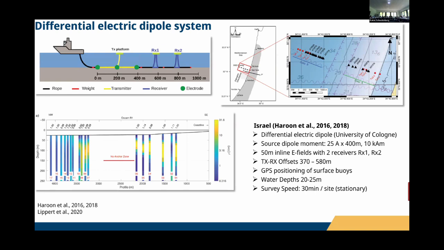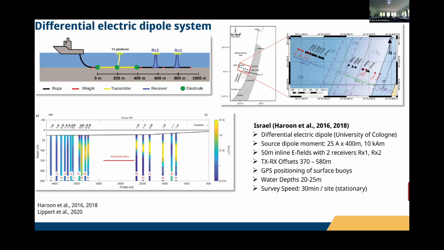Results here as 1D stitched inversion models. So each site is a single 1D model inverted. Yellow colors, again, resistive, pointing at fresh water.